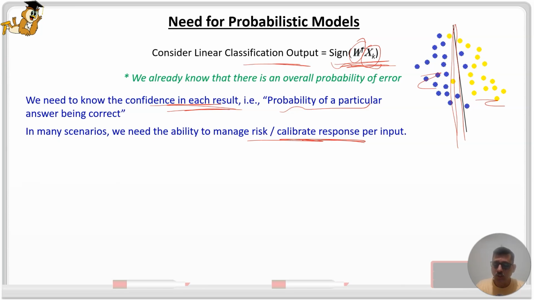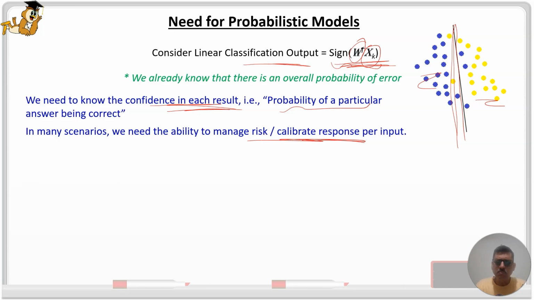However, what you would be interested in knowing is that for a specific input, as opposed to a random input, can your classifier also return the confidence it has in the result? Can the classifier tell you the level of confidence it has in the result that it has returned?